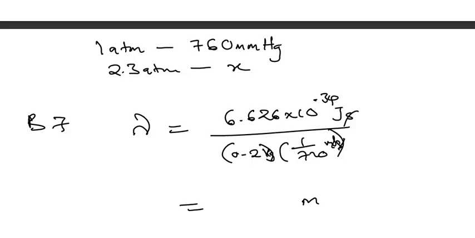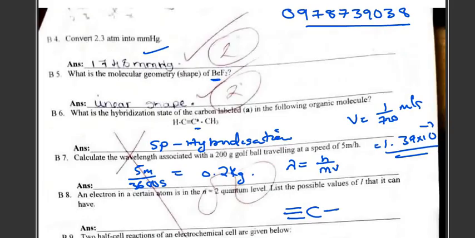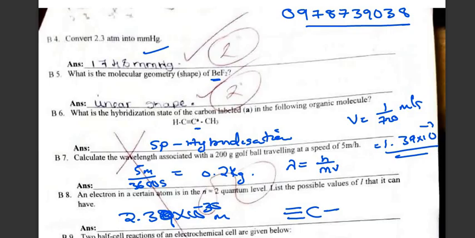Okay, so according to my answer here, I'm getting 2.39 times 10 to the power negative 30 meters. Yeah, so this is going to be the wavelength. That's what you get here as your wavelength. This is the answer for B7.